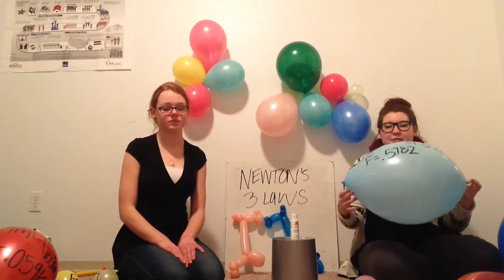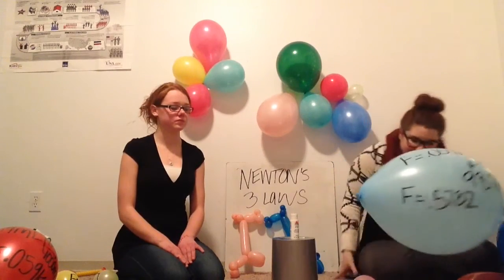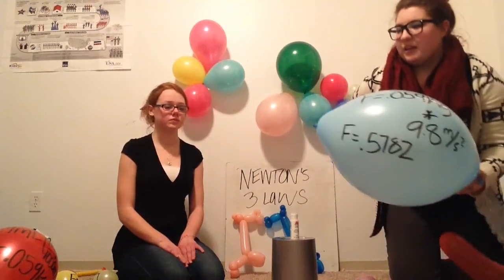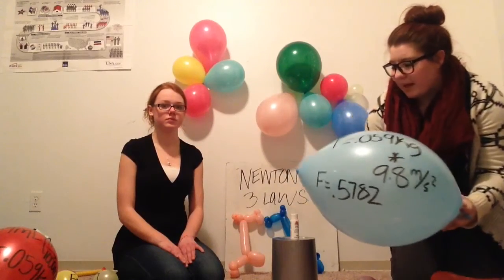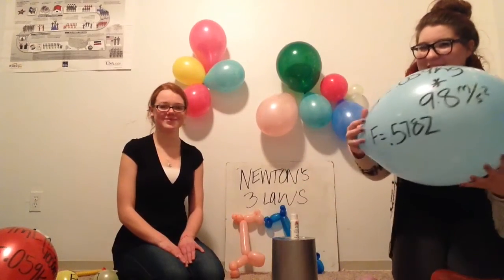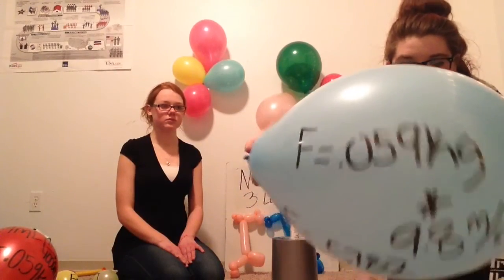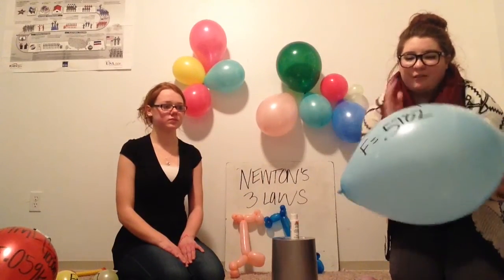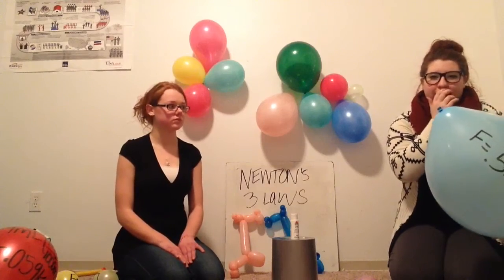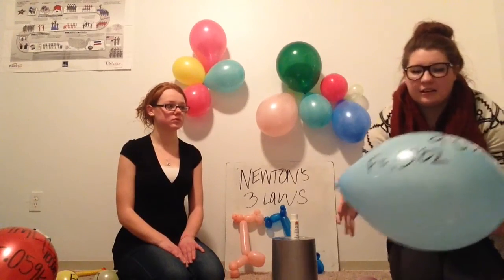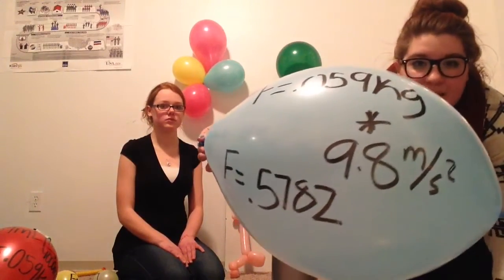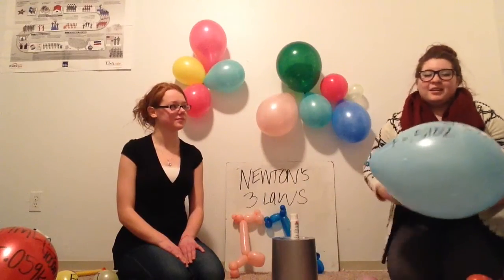So that's exactly what we did here. In the beginning of the video, we told you that the mass of this paint is 0.059 kilograms. To figure out the force, we know that the acceleration is gravity, which is 9.8 meters per second squared.